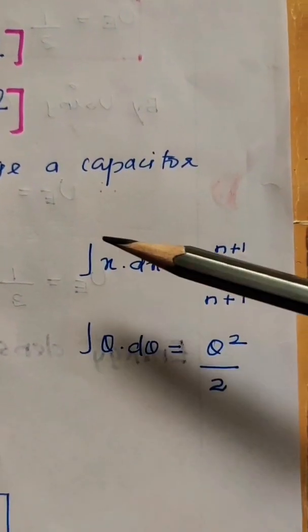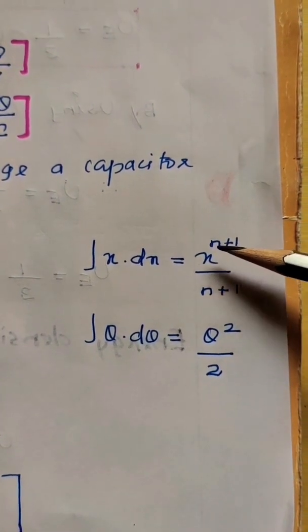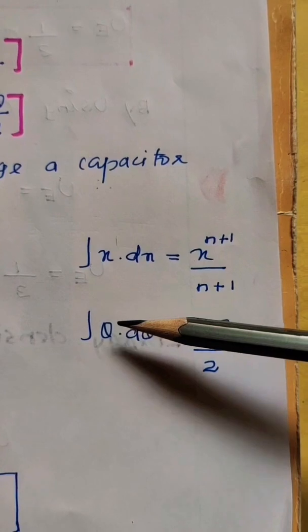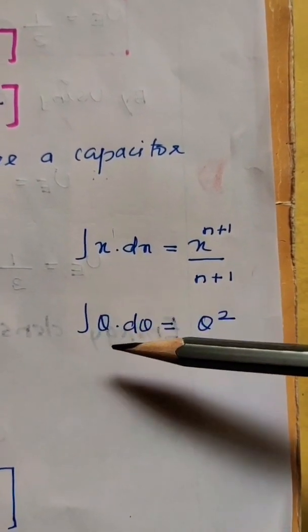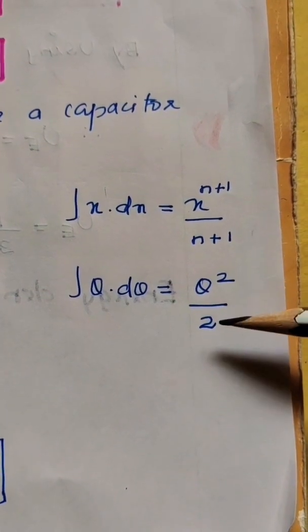We know the integration formula already discussed: the integral of x to the power n dx equals x to the power n plus 1 by n plus 1. Here the power is 1. In the same way, the integral of Q dQ equals Q squared by 2.